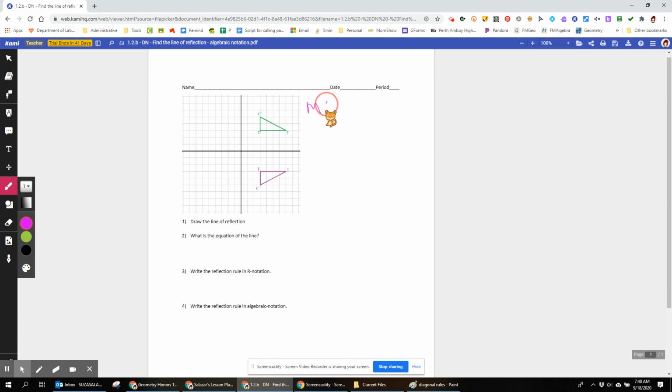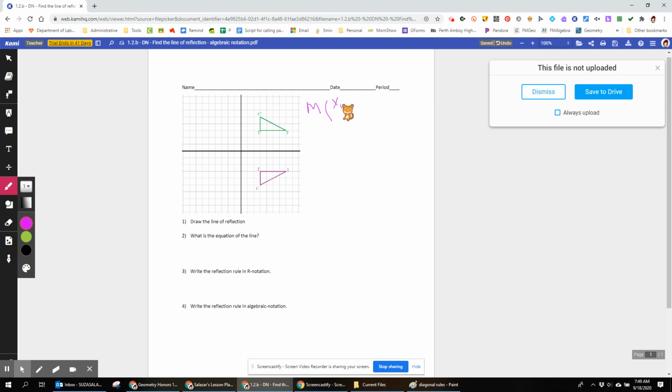So the midpoint formula is the average of the x coordinates and the average of the y coordinates.